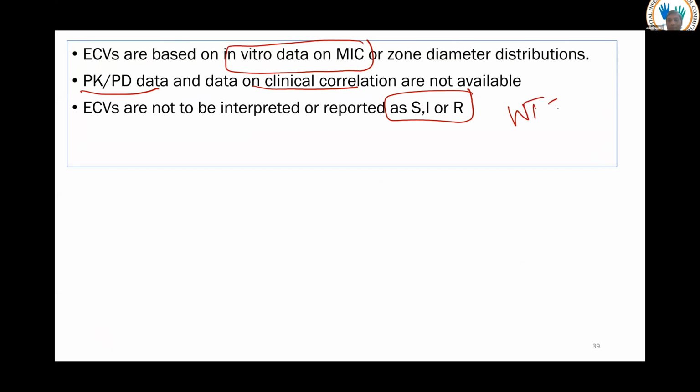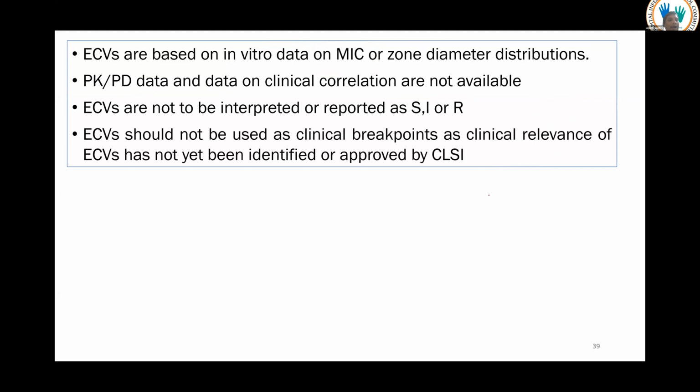Wild type equal to S, non-wild type equal to R. This concept is totally wrong. You should not use it like this. And ECV should not be used as a clinical breakpoint, as I told you, because the clinical relevance of ECV has not been identified or approved by CLSI.